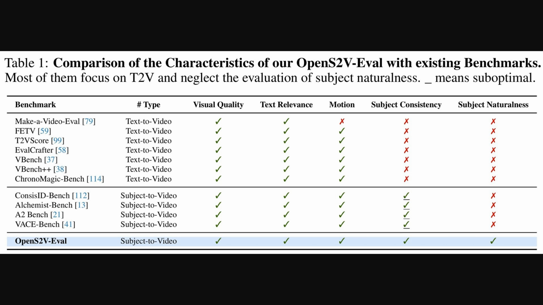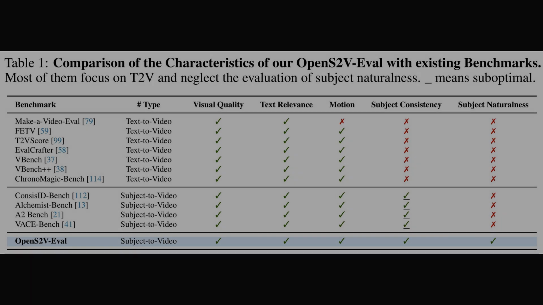Subject naturalness basically means how realistically the subject appears and behaves, following physical laws and common sense. This new OpenS2V-Eval benchmark is comprehensive, covering all these areas, and notably, it's the only one in this comparison that explicitly evaluates this important aspect of subject naturalness.